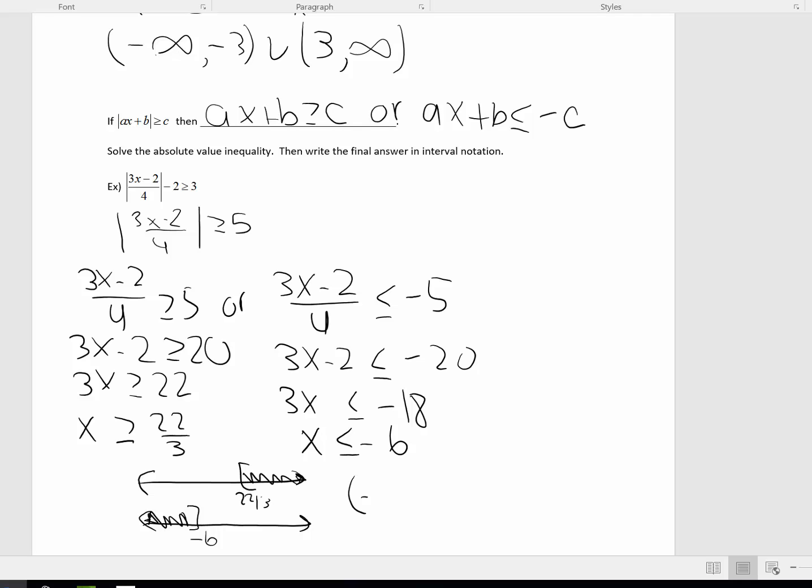That's negative infinity to negative 6, because negative 6 is a solution here, it's a solution to the union. Now, because they are disjointed, meaning that there is no intersection, I need to put a U there for the union. And I go from 22/3 to infinity. And because 22/3 is included here, it's included in our final answer also.